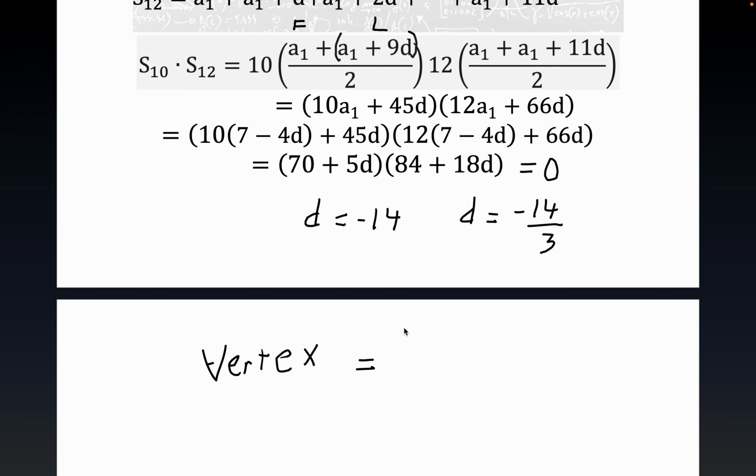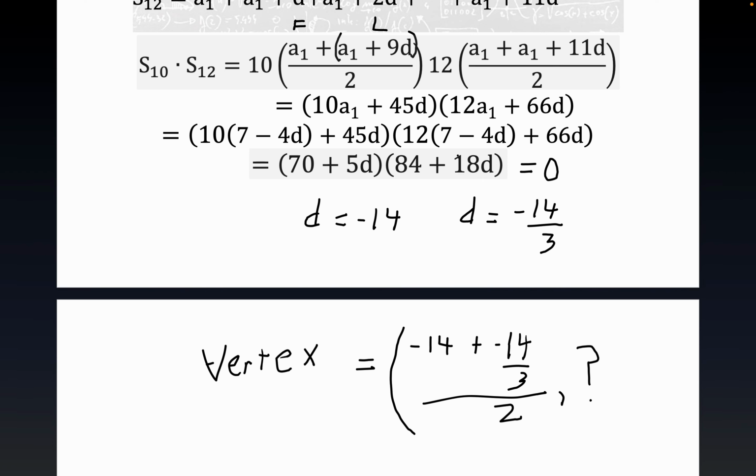and I'll do it like this, folks. The first coordinate would be minus 14 and then plus minus 14 over 3, all over 2. Then right here we still don't know what this is going to be.